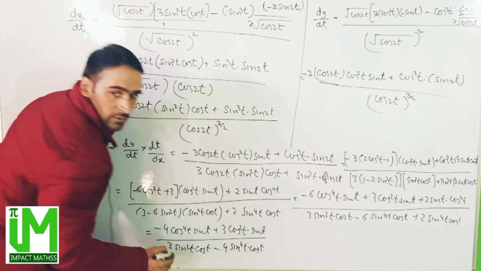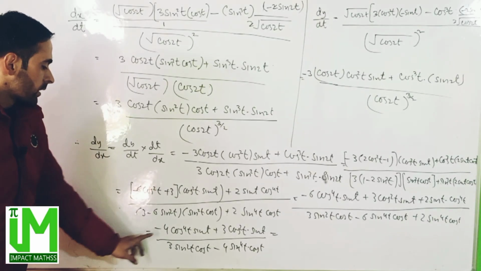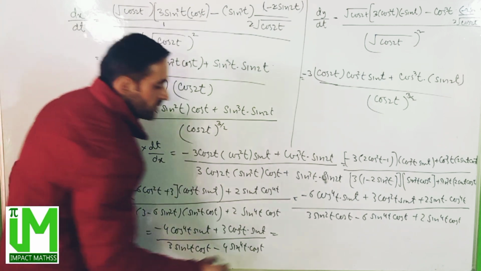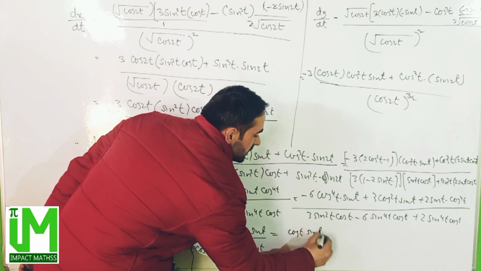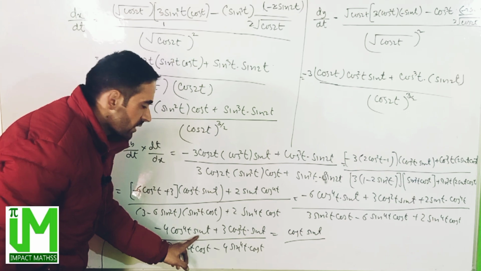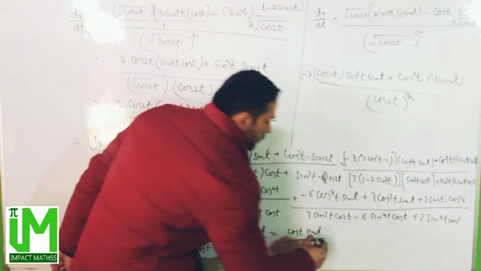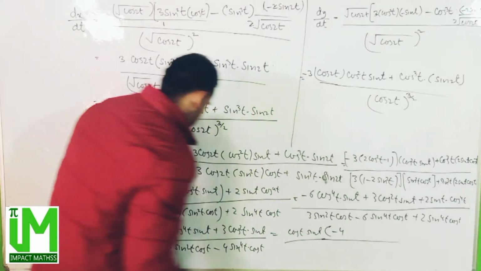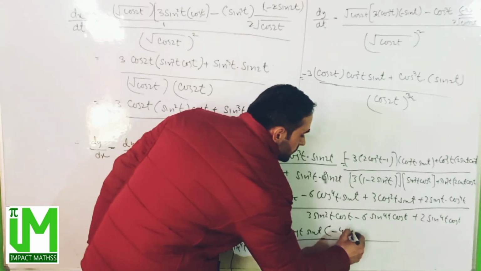If we take cos t sin t common in the numerator, what is left over is minus 4 cos cube t.